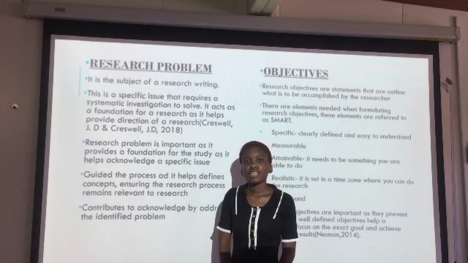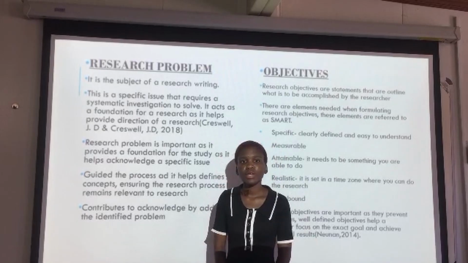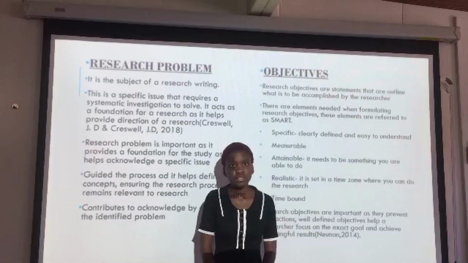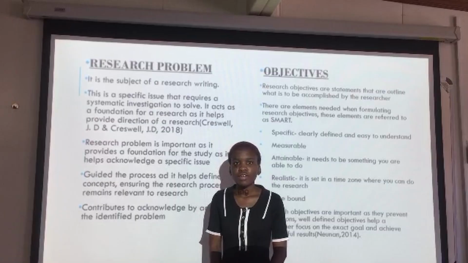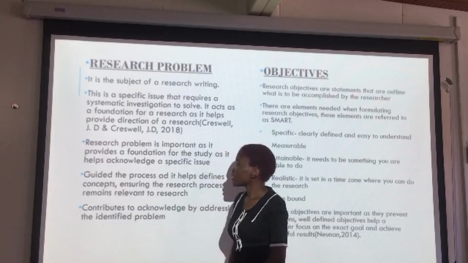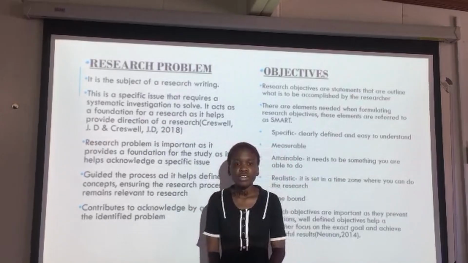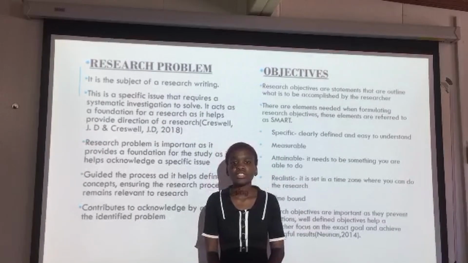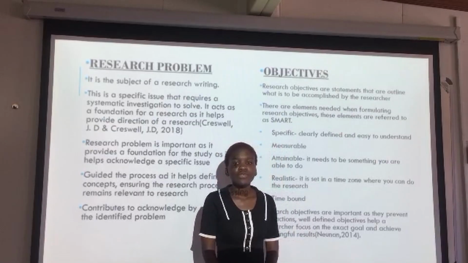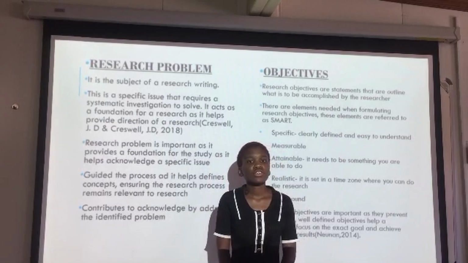It provides the researcher with the structure that keeps them focused on the study they are investigating. According to coursework 2018, this is a specific issue that requires a systematic investigation to solve. It acts as a foundation for a research as it helps provide direction of the research.